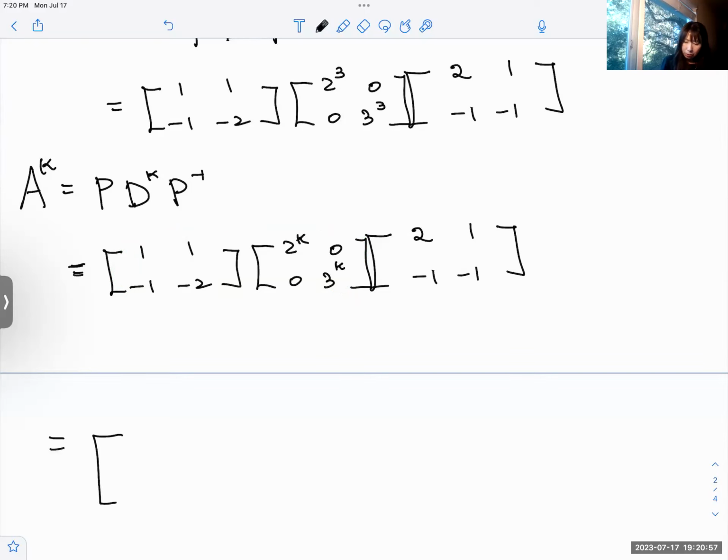We get 2 to the k and 0, and negative 2 to the k, 0, and there is a 3 to the k. The second row has 0, negative 6 to the k power, right?